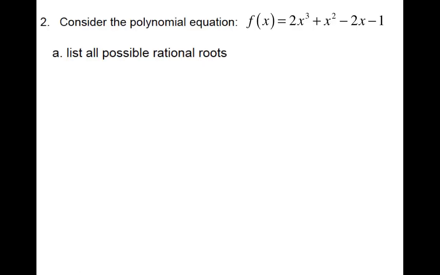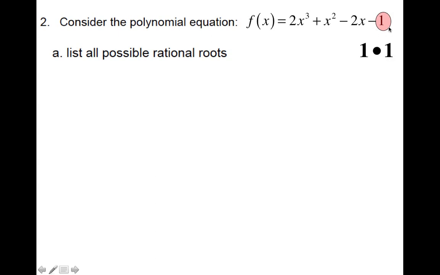So number 2 says to consider the polynomial equation f of x equals 2x cubed plus x squared minus 2x minus 1. In part A, they're asking us to list all possible rational roots. So this is the rational root theorem. So we start by going to the constant on the end. What multiplies to 1?